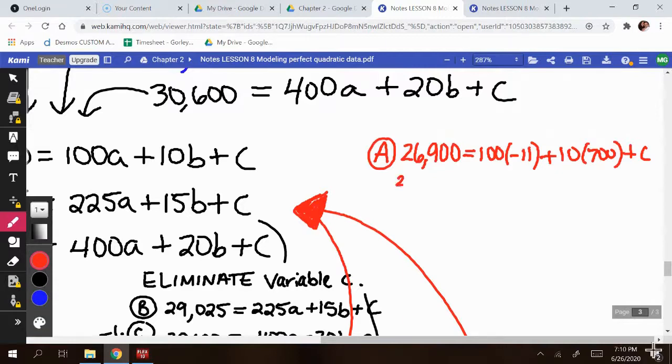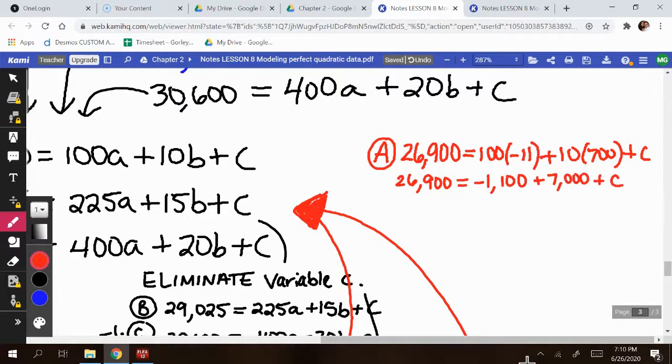Okay, and I'm going to use that equation to get what c is. So I'll have 26,900 equals, what is 100 times negative 11? It's going to be negative 1,100 plus, what's 10 times 700? That's going to be 7,000 plus c.